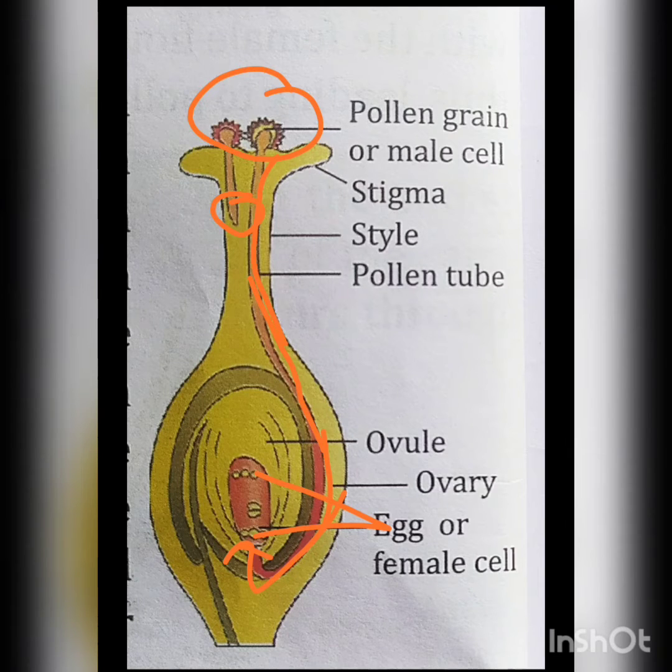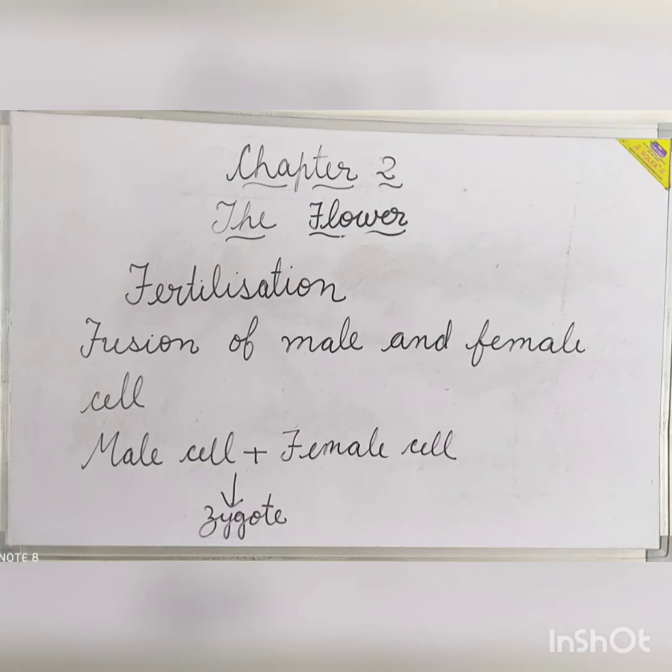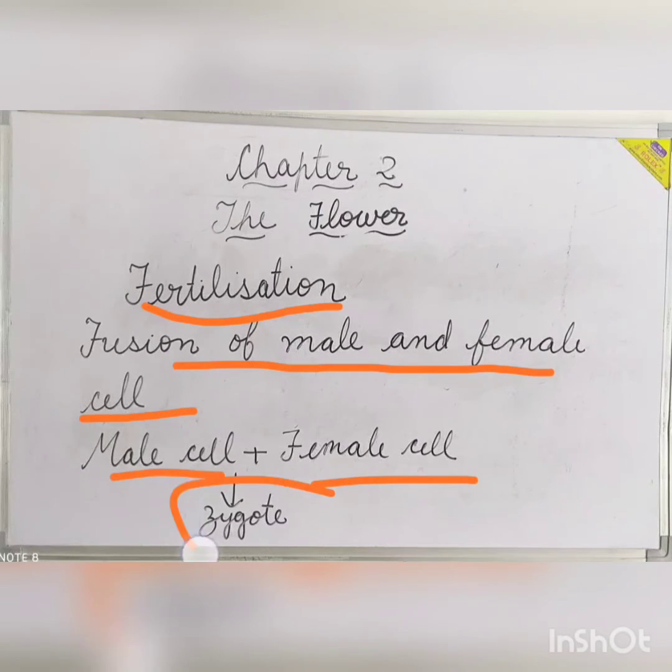When the male cell through the pollen tube reaches the ovary, it unites with the female cell. As a result, a single cell zygote is produced, which later develops into a new plant. So, fertilization is the process of fusion of male and female cell. As a result of fusion, the zygote is produced.